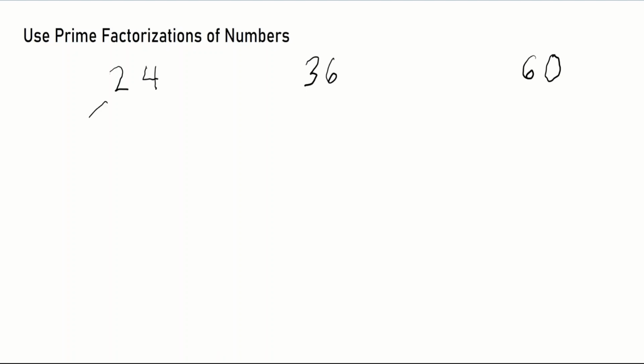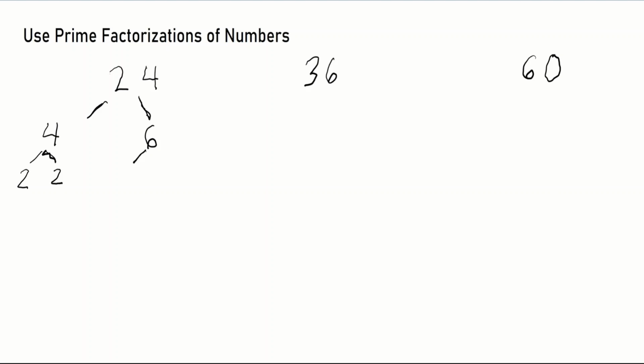For 24, you can say that one pair of factors is 4 and 6. And we could break down 4 into 2 times 2.